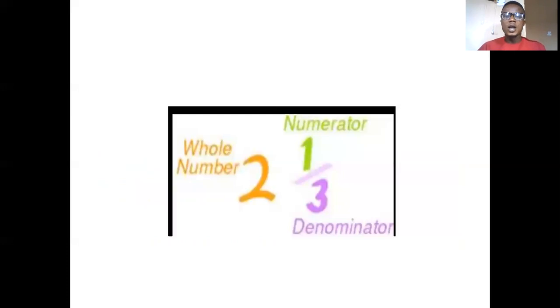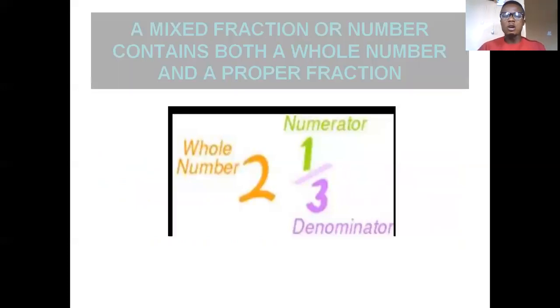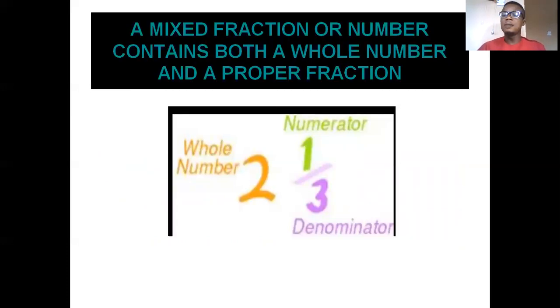Okay. Then finally, we conclude with the mixed fraction or number. This mixed fraction is got from the process of trying to make an improper fraction proper. You get a fraction called a mixed fraction or mixed number. A mixed number contains a whole number and a proper fraction. Just like you can see from the picture there, the whole number is 2, the numerator is 1, while the denominator is 3.